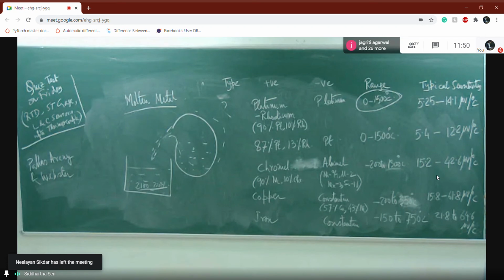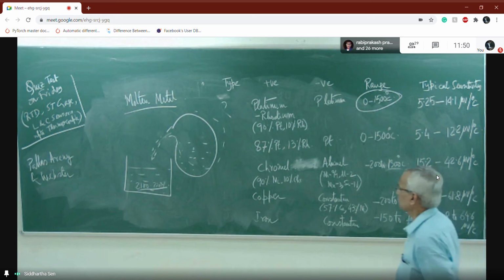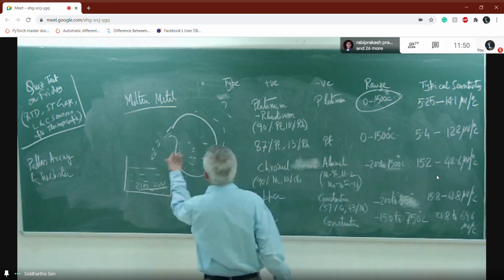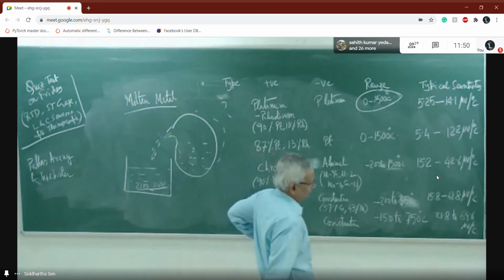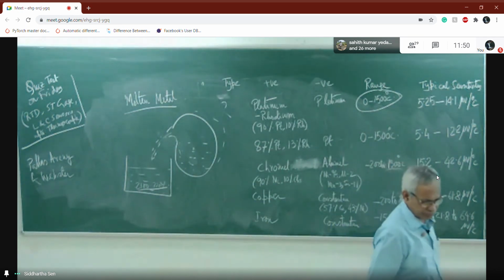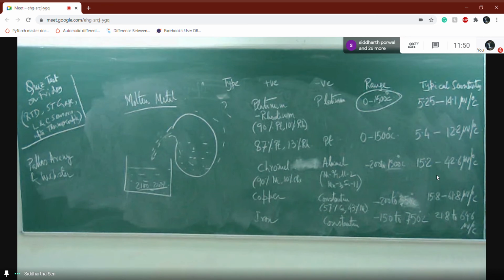But still, because you don't have any other option, this is molten steel being tilted, you have to use this thermocouple. The thermocouple is used for measuring temperature like this.